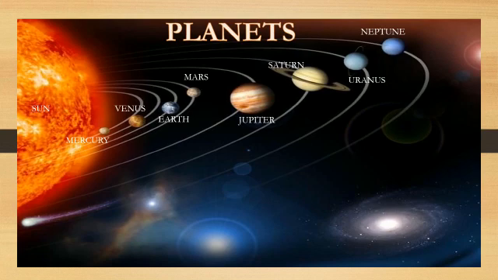Students, do you know that earlier there were 9 planets, but later on Pluto was considered as a dwarf planet and is now not a part of the solar system. So, at present there are a total of 8 planets in the solar system.